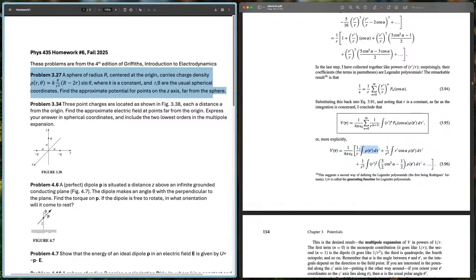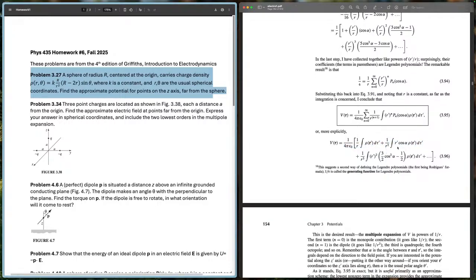Well, this is just the charge over the distance, right? So maybe we want to include the second term as well. This is the dipole expansion. Okay, yeah, so we're just kind of interested in these two terms.